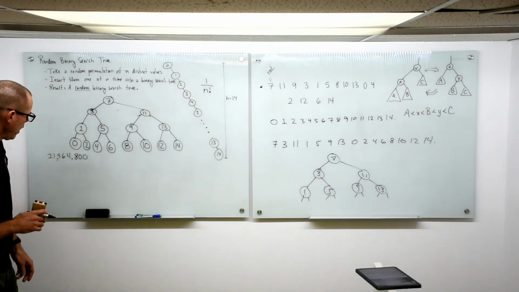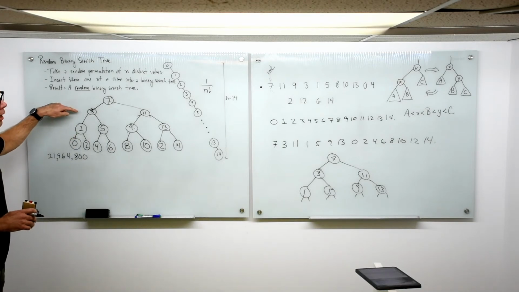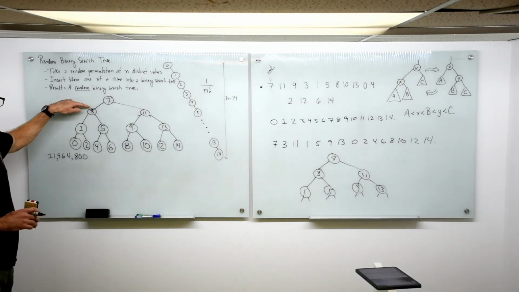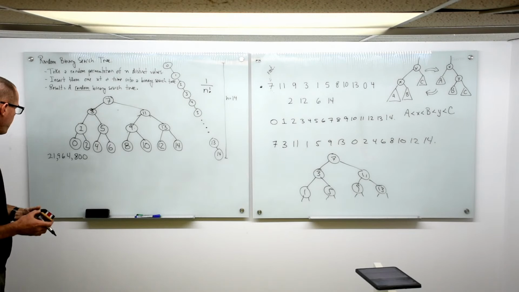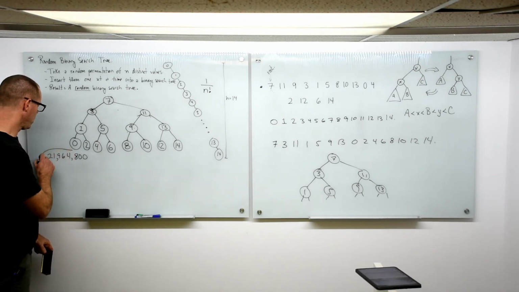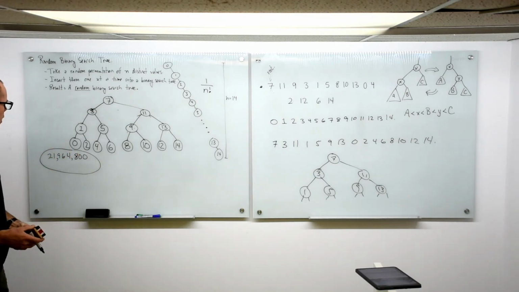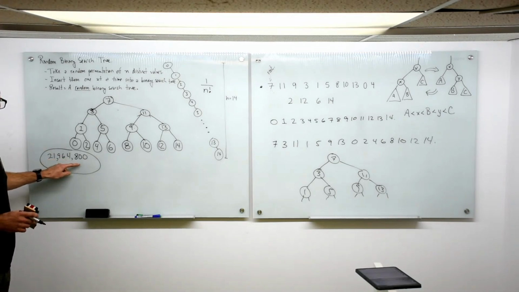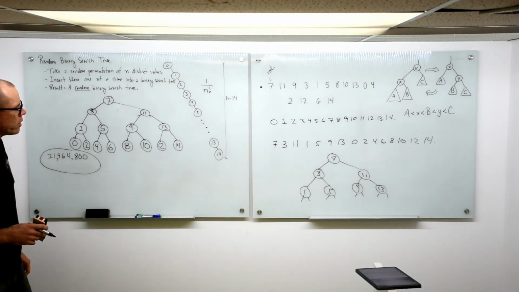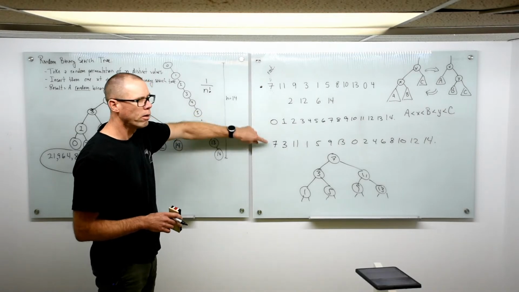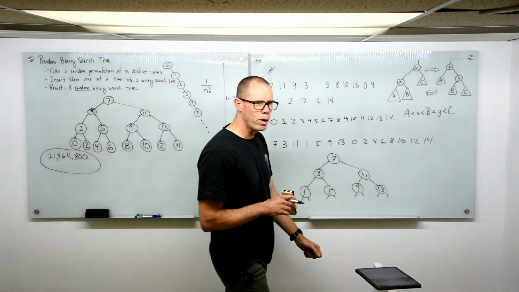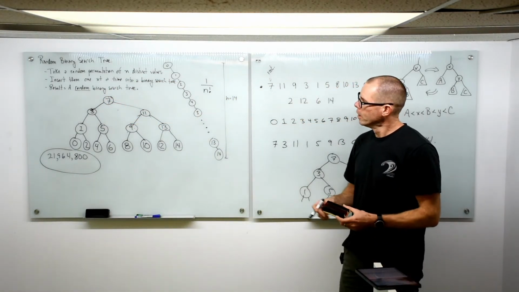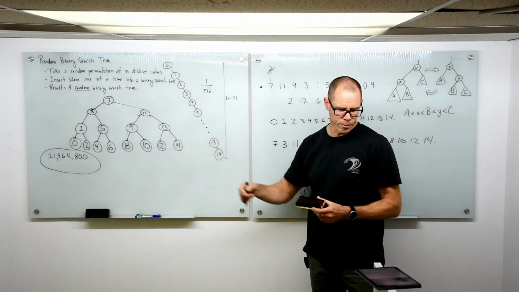On the other hand, if I calculate carefully, I can count the number of permutations which will give me this tree, and the number is 21,964,800. Okay. So it's not just the 2 that I've shown here. There are nearly 22 million different permutations which will generate this tree.